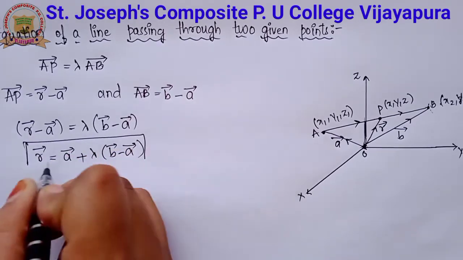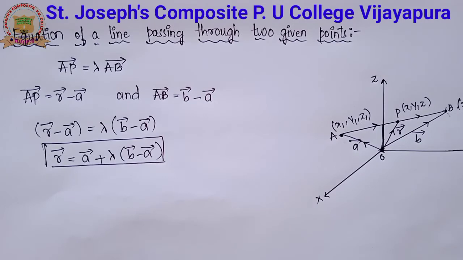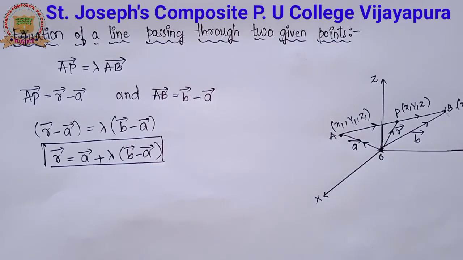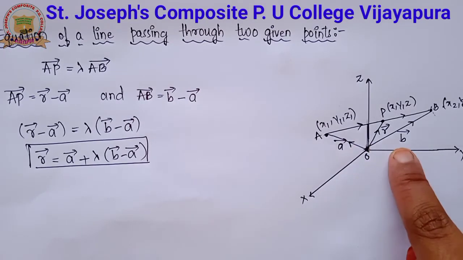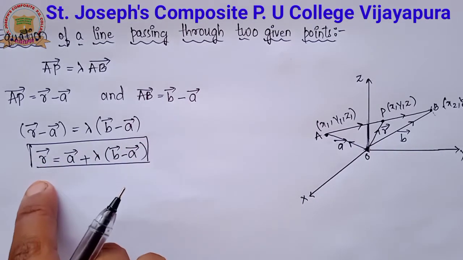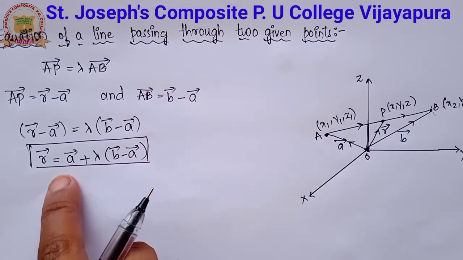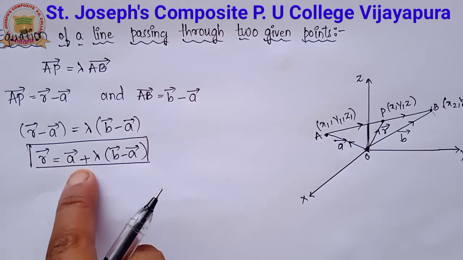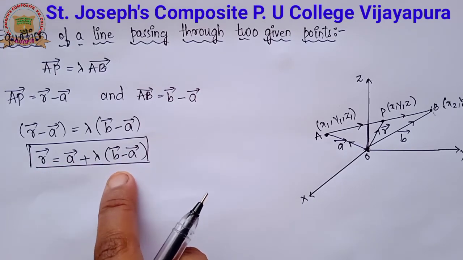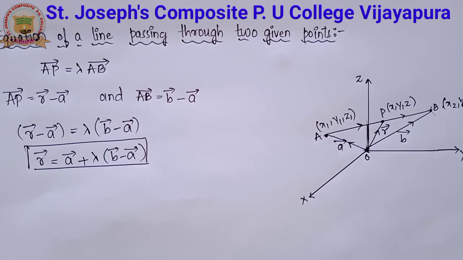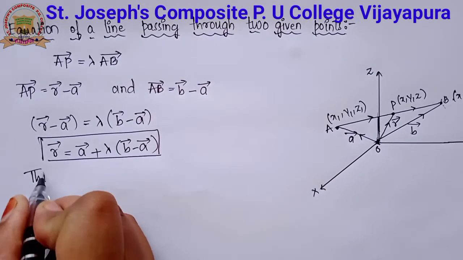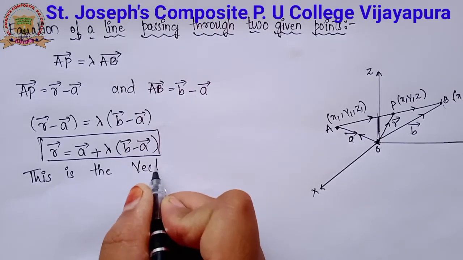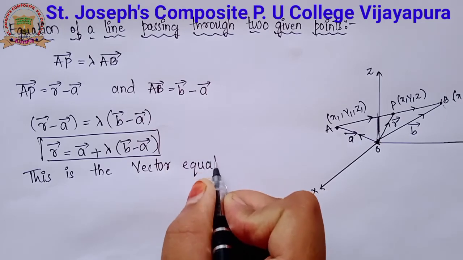This is the required equation of the line passing through two given points A and B, having the position vectors A and B. This is the vector equation of the line.